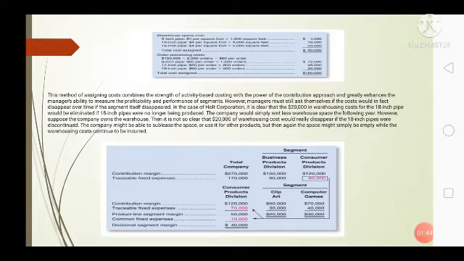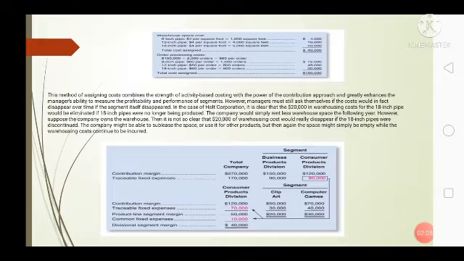In this case, Health Corporation is clear that the $20,000 in warehousing cost for the 18-inch pipe would be eliminated if the 18-inch pipe were no longer being produced, since the company would simply not rent the leased warehouse space the following year.